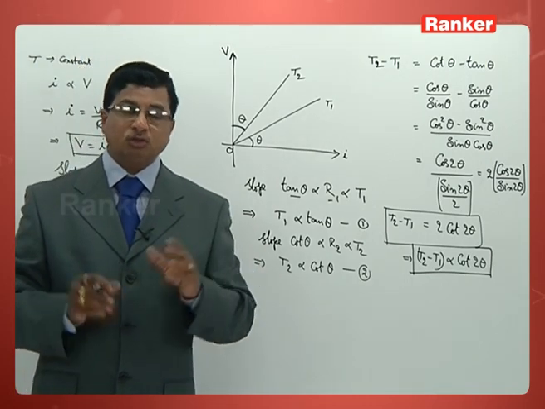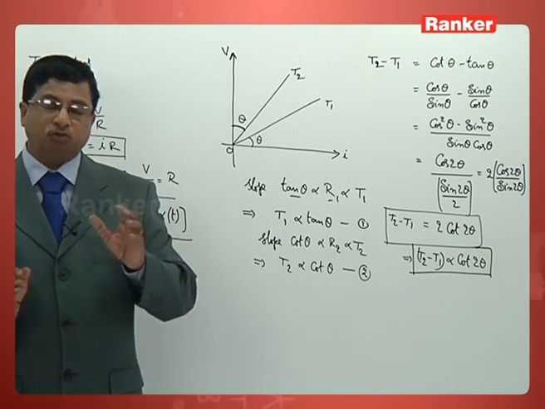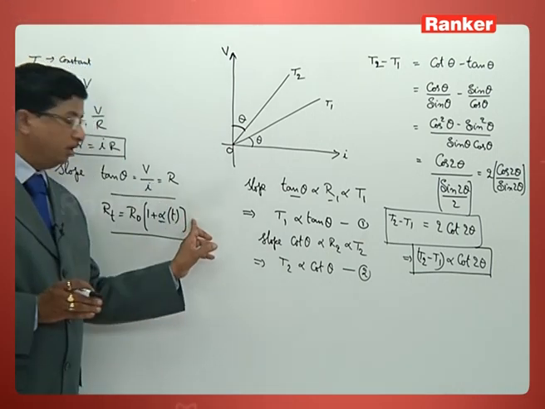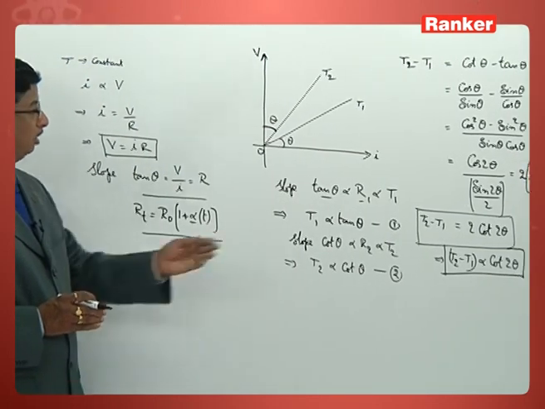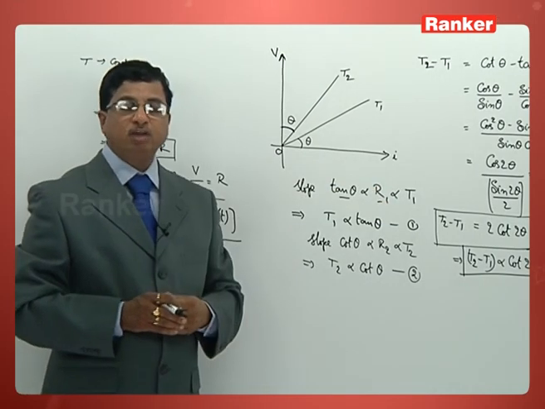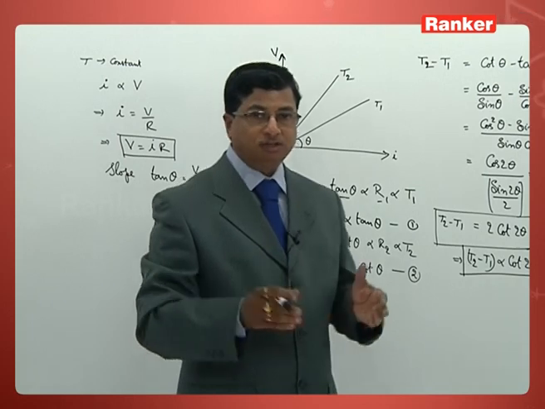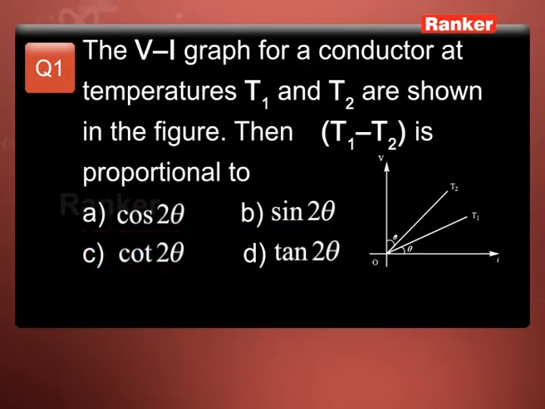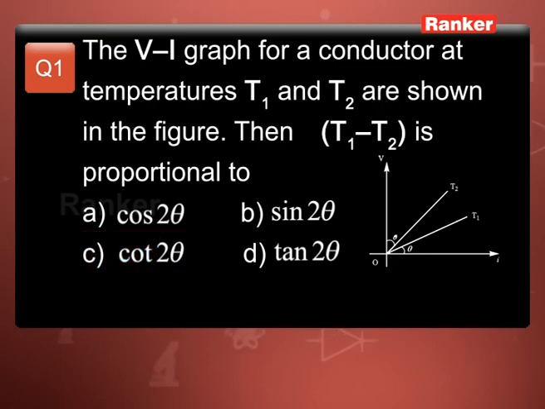So the ohmic and non-ohmic categories you can remember from this equation itself. So this is the description and the solution for the very first question we have taken up here. That is the point we have to remember for this first question.